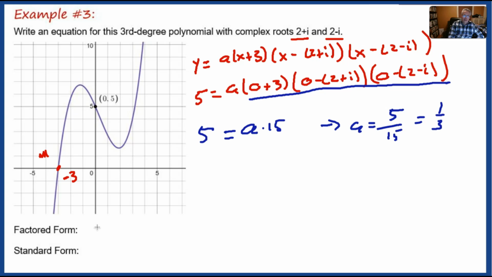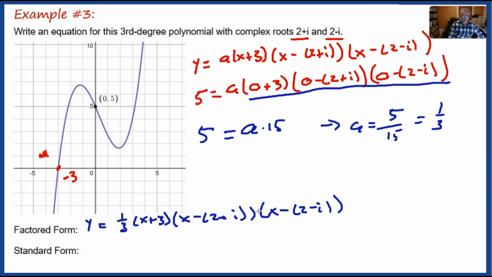This time, factored form's a little bit of a mess. So we have y equals 1/3 times x plus 3 times x minus 2 plus i times x minus 2 minus i, like this. If we really wanted to, we could have Wolfram Alpha multiply these two factors and come up with something nicer.